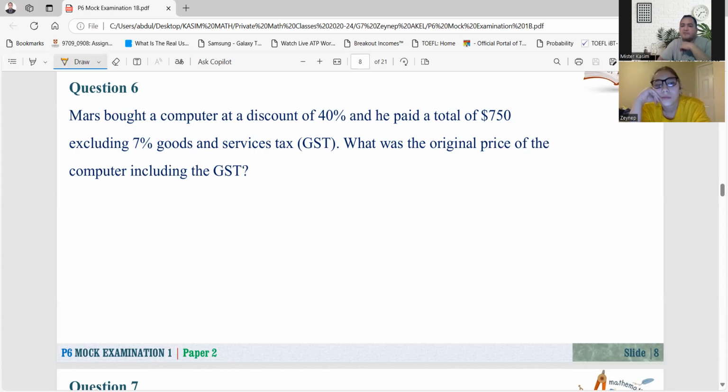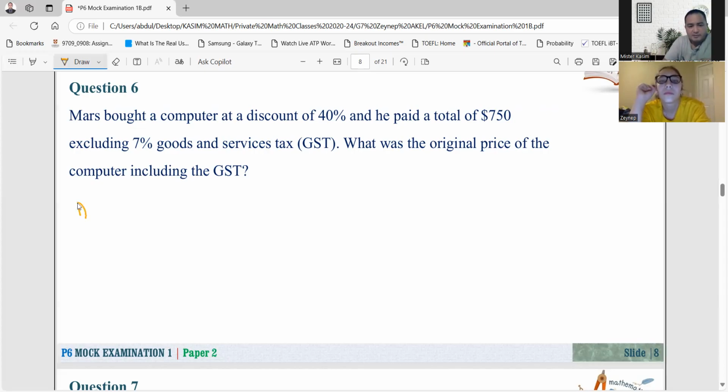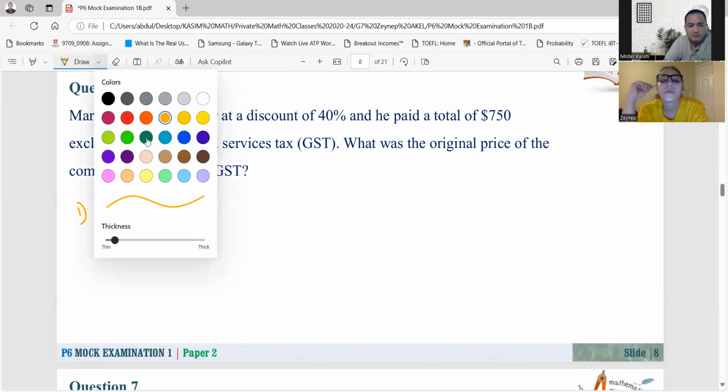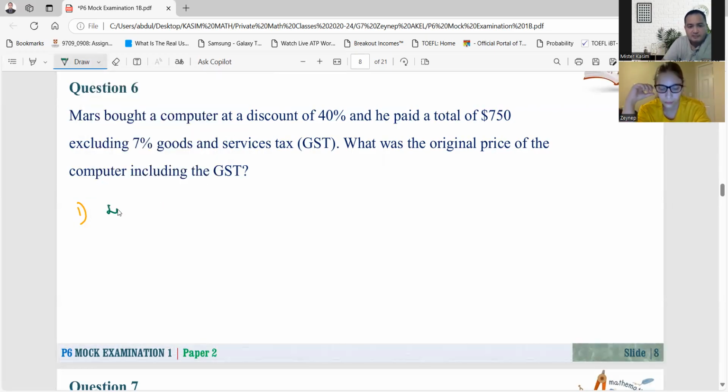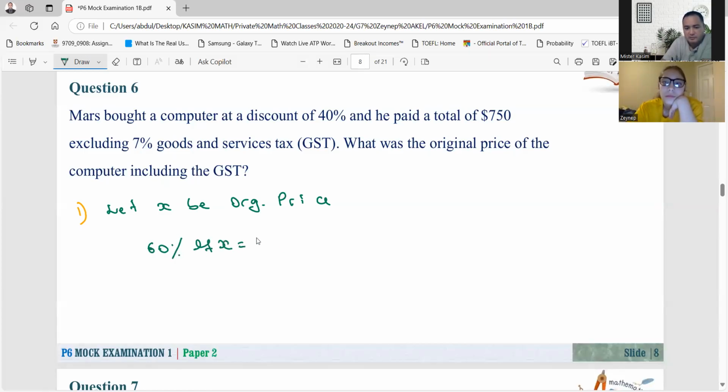First we have to find its original price. Let X be the original price. A 40% discount means 60% of X after discount is equal to $750.